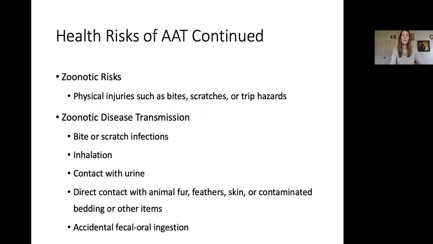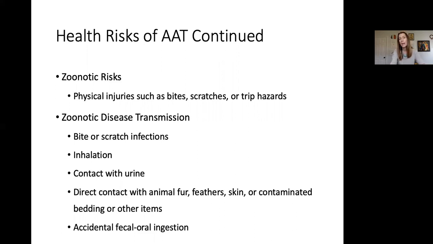And so there are these infectious particles on these items. And then the most common is accidental fecal-oral ingestion. So we're really going to consider a lot of these zoonotic disease transmission routes, but I also want to highlight that there are just physical injury risks associated with animal-assisted therapy programs.